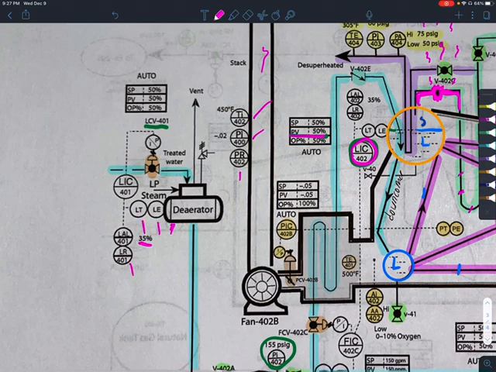Level element, level transmitter, which talks to the controller, saying, hey, if it's below 50% in the deaerator, we need some more water. So it's going to open up more. Or if it's too high, it's saying, hey, a little too much. Okay, I'm starting to drown over here. So it's going to start to go down.